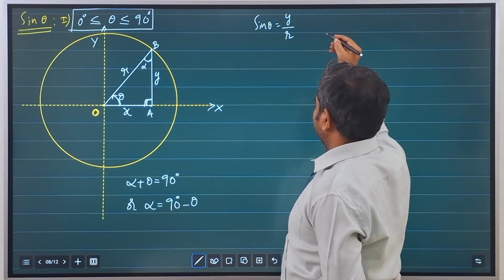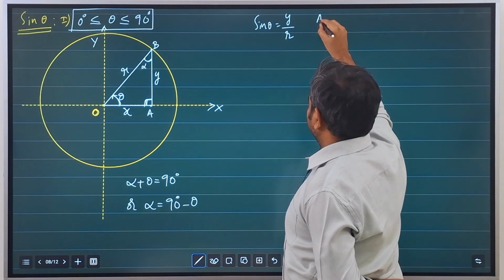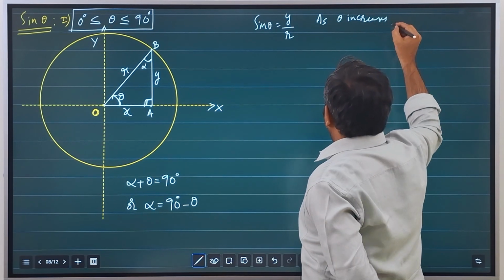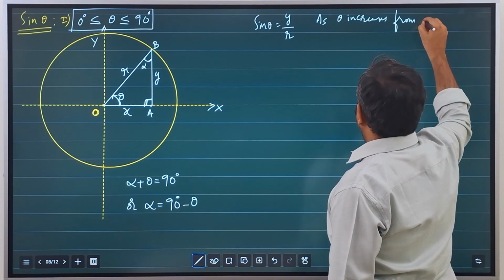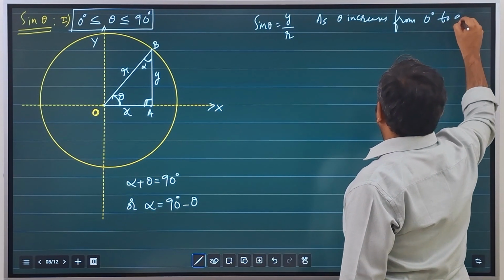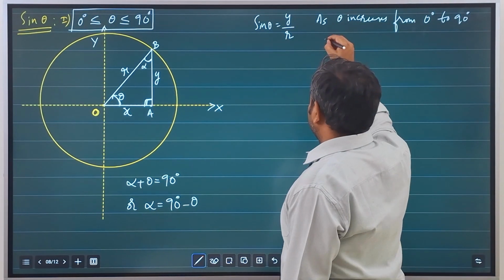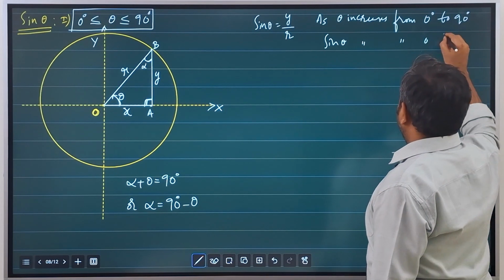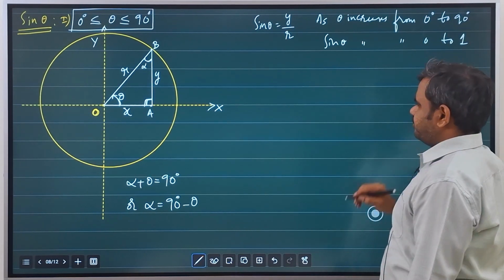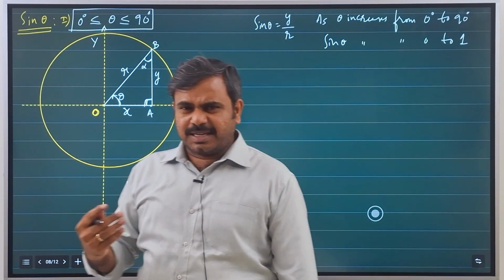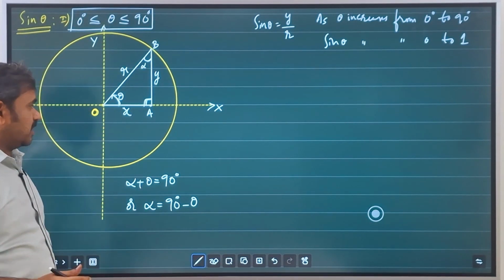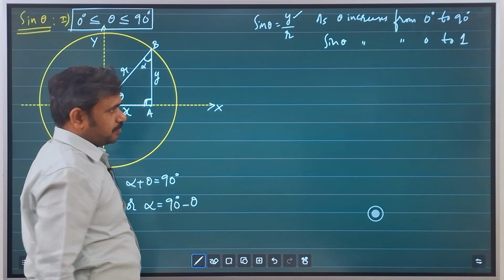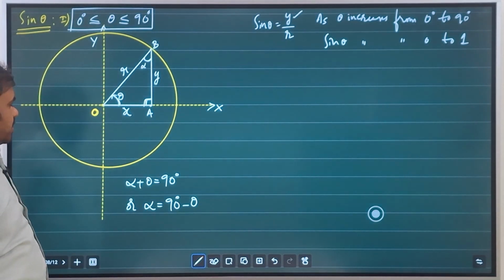We have already written, as theta increases from 0 degrees to 90 degrees, sin theta increases from the value 0 to 1. Theta is increasing, sin theta is also increasing because this opposite side keeps increasing. We have seen that already anyway.